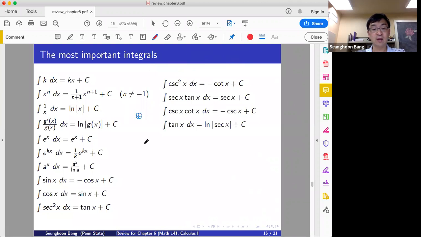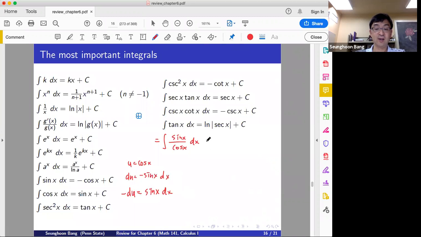How can you know that? We can use the integral of sine x over cosine x dx, you can just use substitution. Let u equal cosine x, then du is negative sine x dx, right? So you can multiply both sides by negative 1. Negative du equals sine x dx.